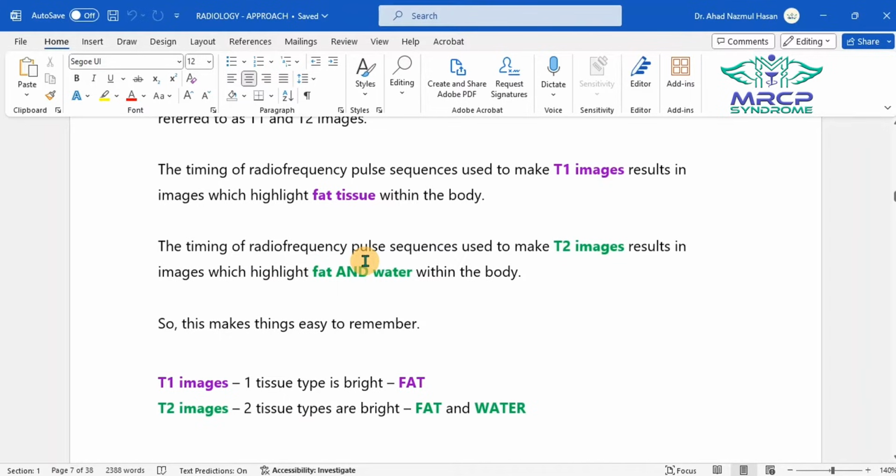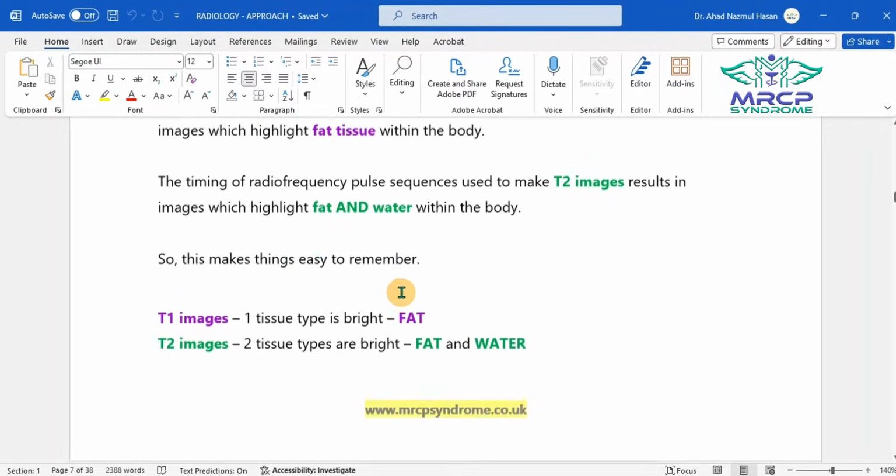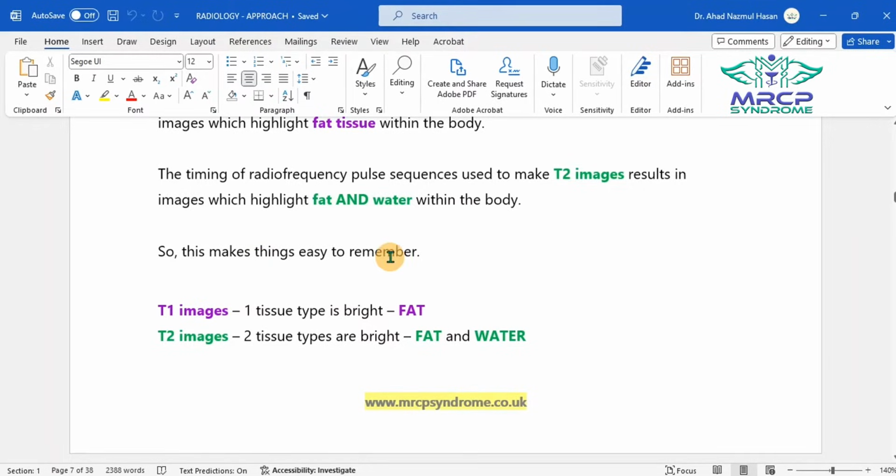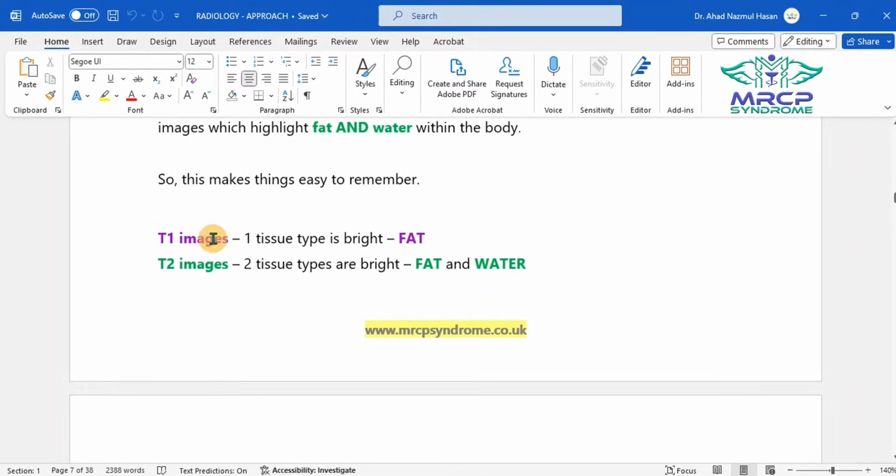The timing of the radio frequency pulse sequence used to make T2 images results in images which highlight fat and water within the body. So this makes things easy to remember. In case of T1 image, one tissue type is bright, the fat components, and in T2, 2 tissue types are bright, both fat as well as the water, that is the CSF.